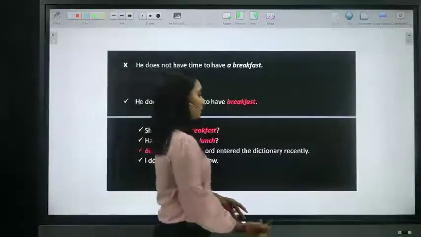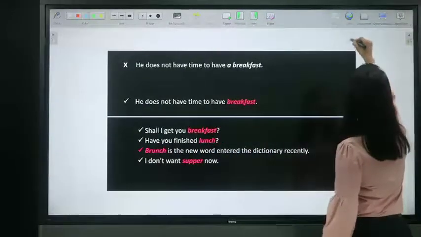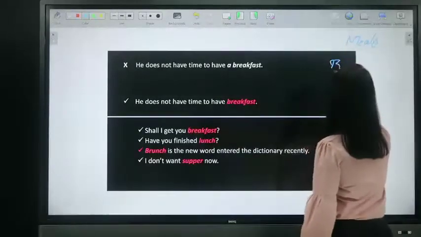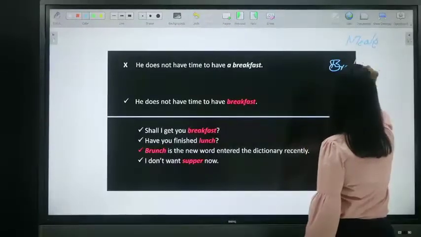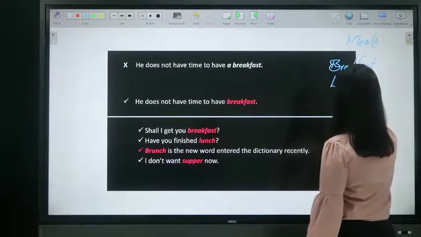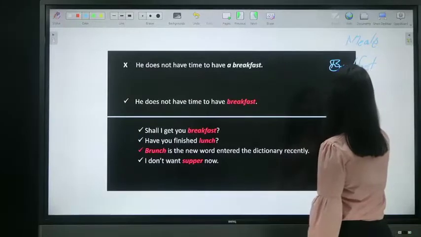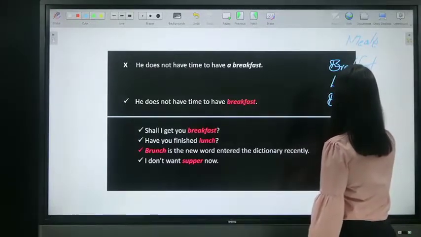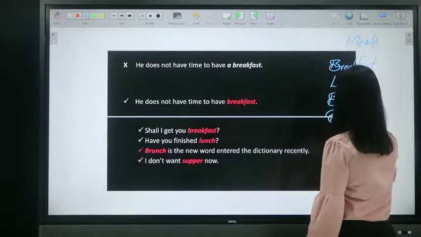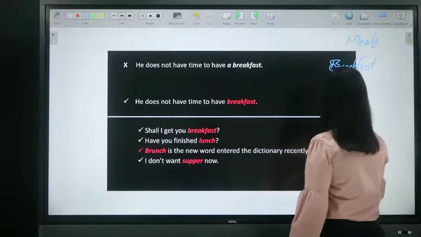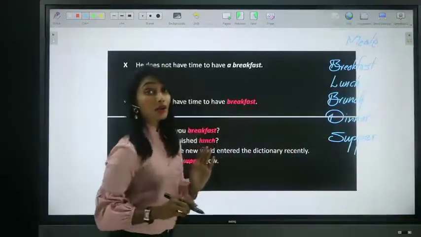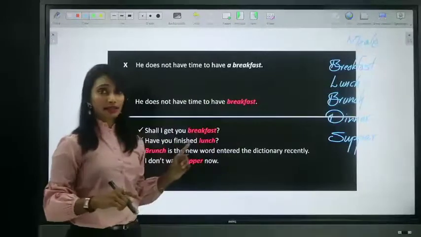Now, the names of meals like breakfast, lunch, brunch, dinner, supper, etc. are not preceded by any articles.